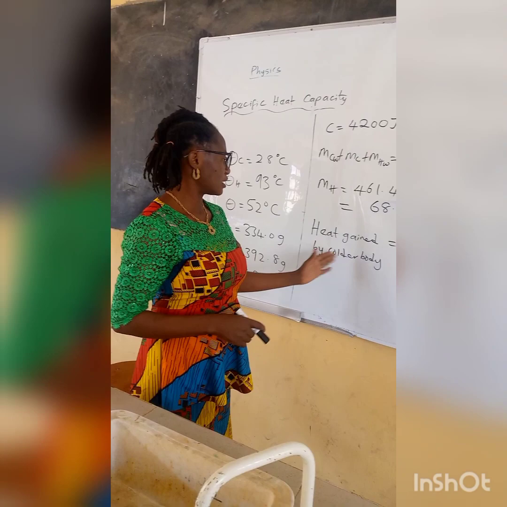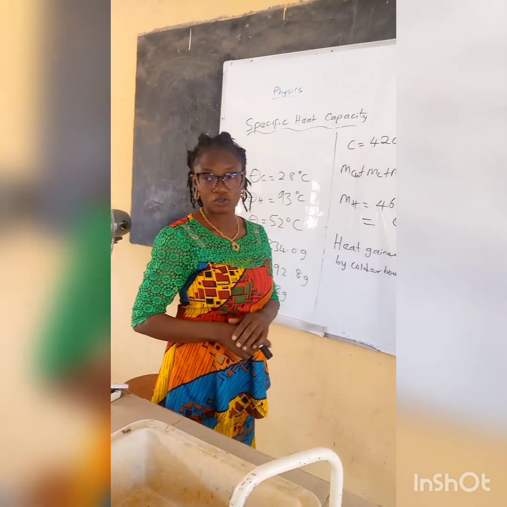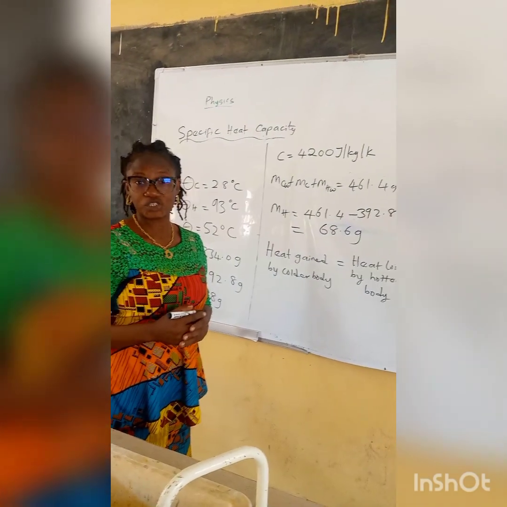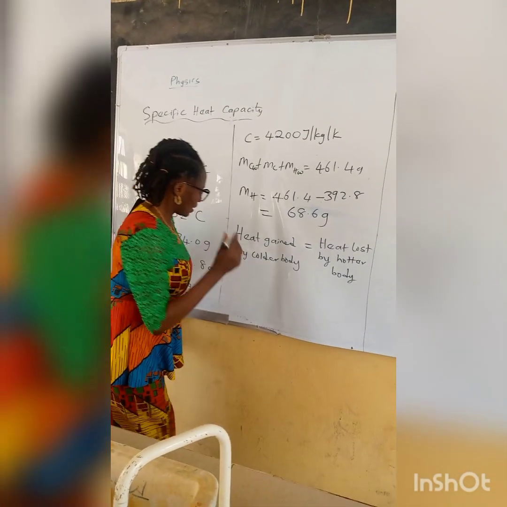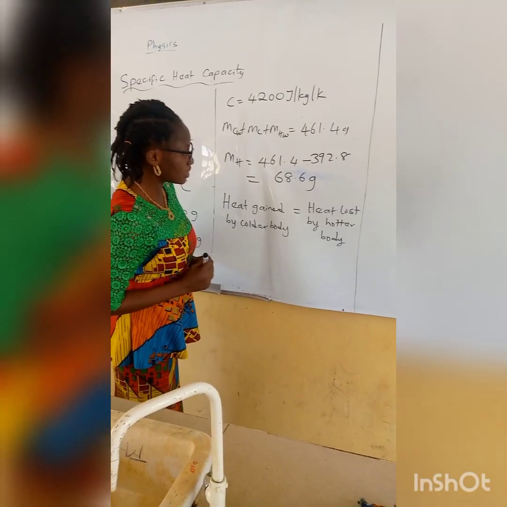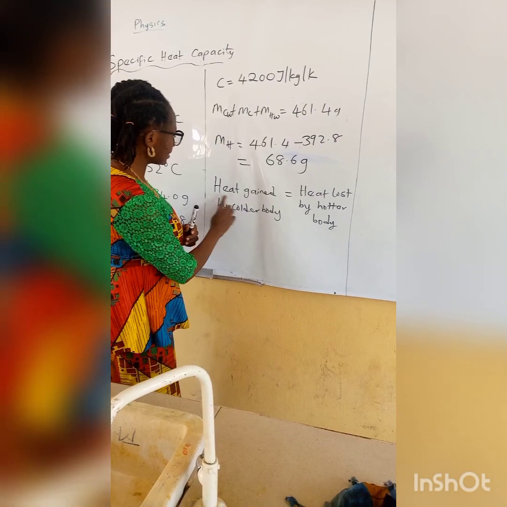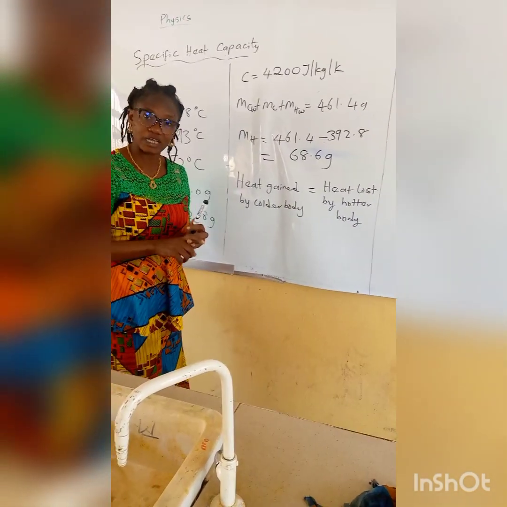Heat gained by the colder body is equal to heat lost by the hotter body. And of course, we know the formula for heat: Q is equal to MC change in temperature. Like I said before, the hotter body loses heat. That's the hot water. The heat gained by the colder body is by the calorimeter and the cold water inside.